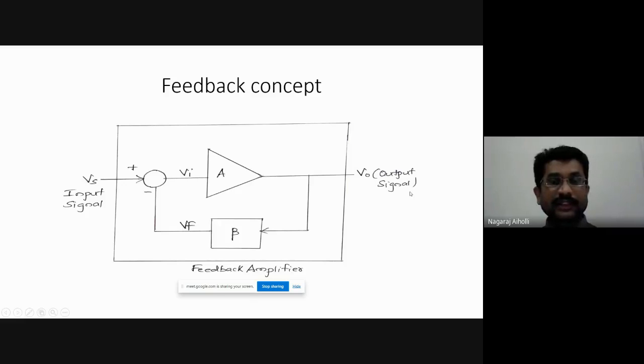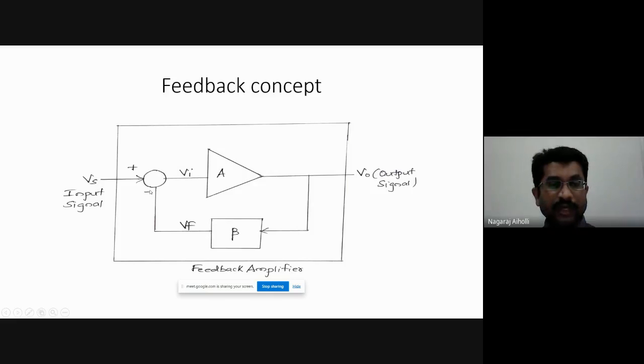In an examination, if they ask you to explain the concept of feedback amplifiers, then you have to draw this diagram and explain what a mixer circuit is, what the function of the amplifier is, what the function of the feedback path is, and how the output of the amplifier is applied to the feedback circuit, and what output we are getting from the feedback path. If the feedback is negative, then the amplifier input Vi will be Vs minus Vf.